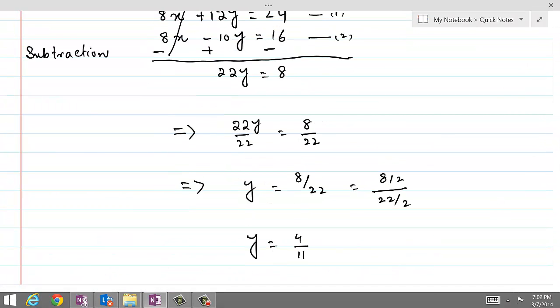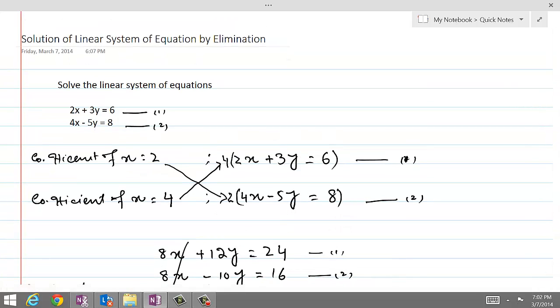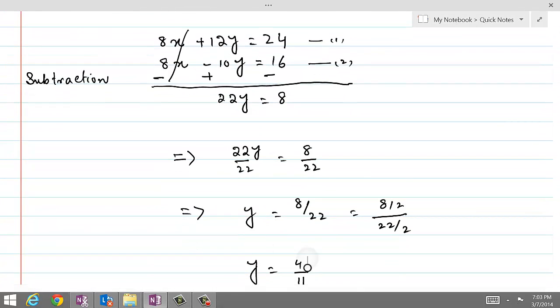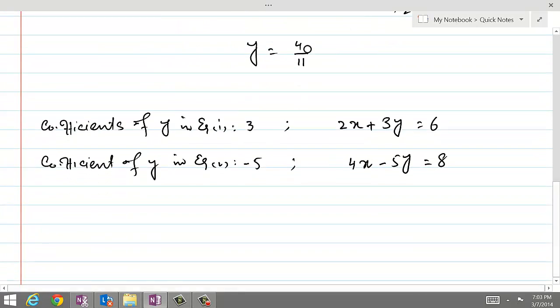So let's just confirm: 4x minus 5y equal to 8. So these are the equations, and just the way we did cross multiplication for eliminating x, we will multiply the same way the coefficient of y in equation 2 with equation number 1 and the coefficient of y in equation 1 with equation number 2.